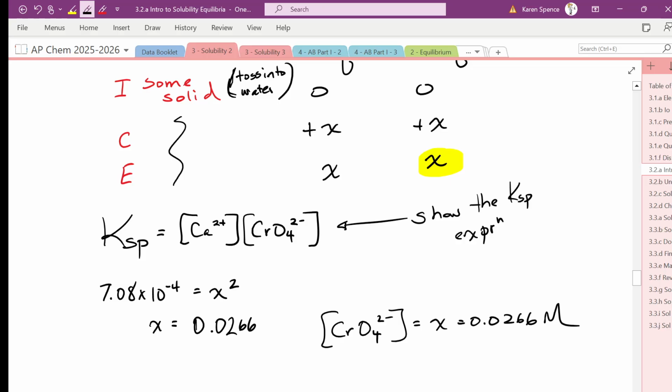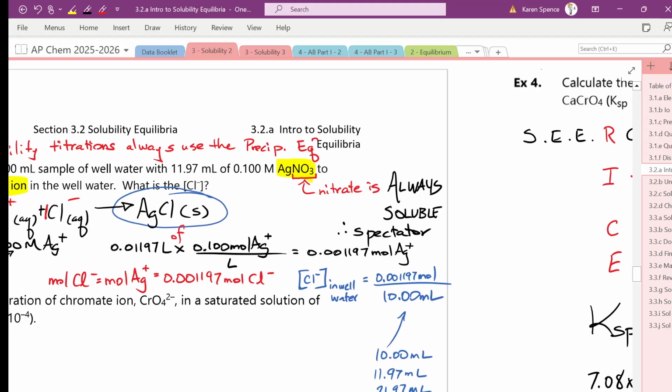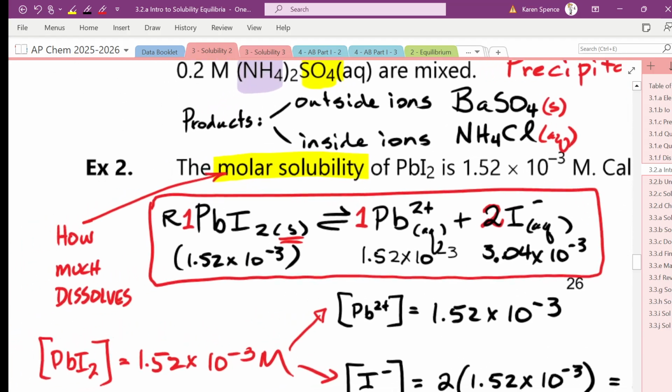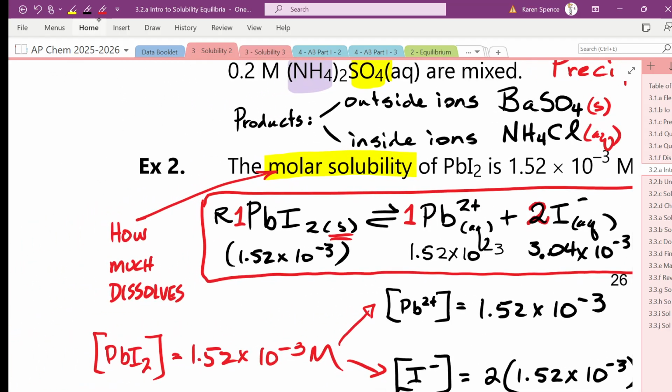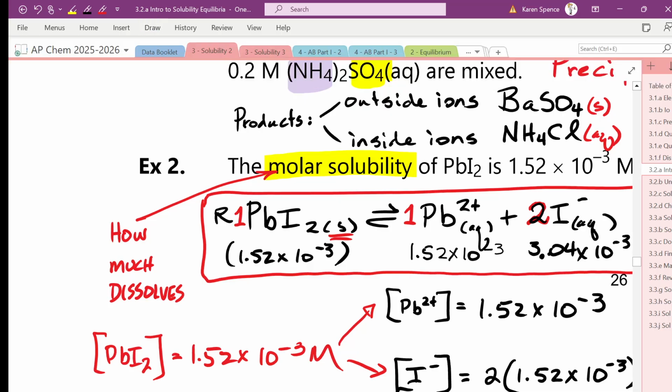Now, yesterday, we learned a new word on page 26. We learned the word molar solubility. And molar solubility was how much dissolves. What's another way of saying how much dissolves?